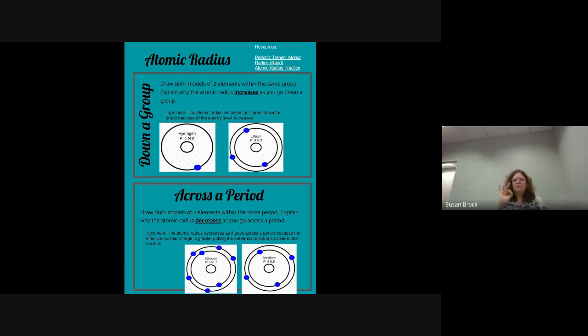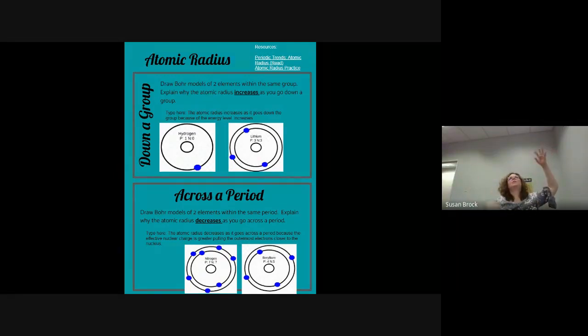So, atomic radius. I told you what it was earlier. Now we're going to say what the trend is, okay? I guess we alluded to it, but now we're going to say why the trend is. So atomic radius is how big the atom is, and as we know, it increases down a group. Why does it increase down a group? Well, because we're adding energy levels.